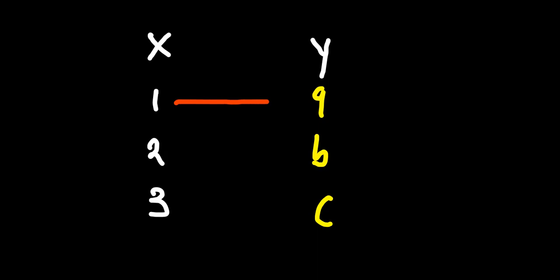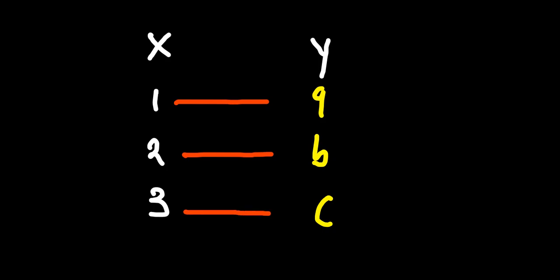Your x values are 1, 2 and 3, and your y values are a, b and c. The relation is that 1 is mapping to a, 2 is mapping to b, and 3 is mapping to c.